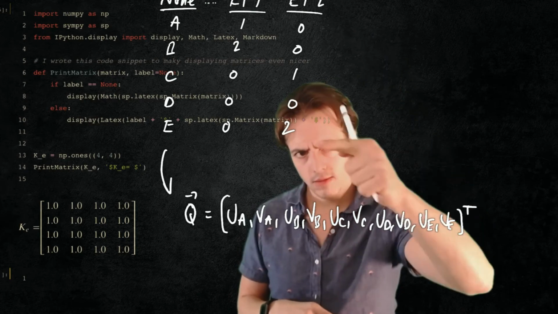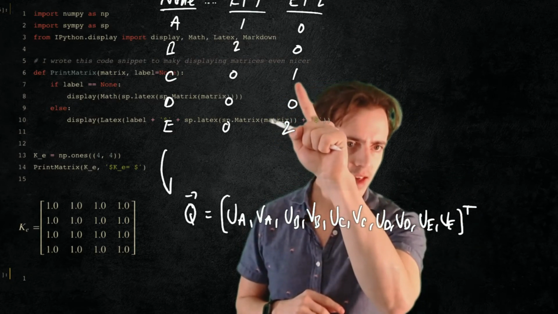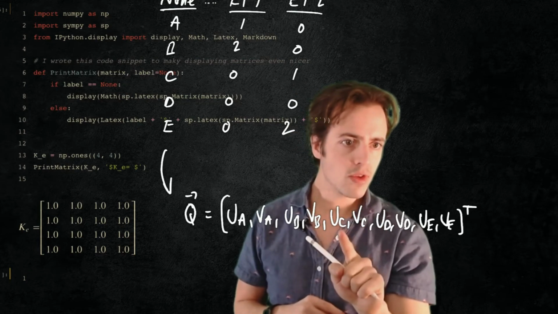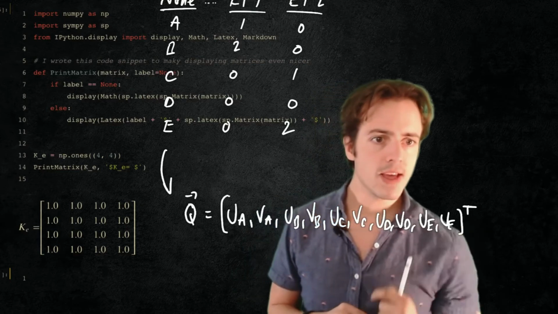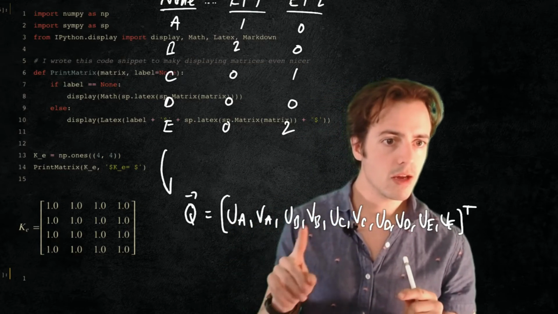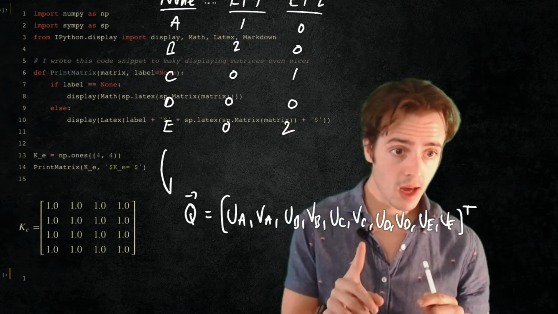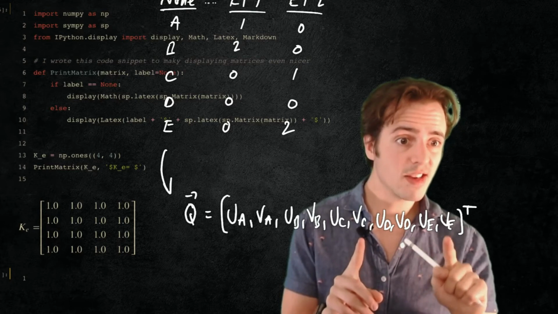This one here, well, it's going to have some things in UC and VC and some things in UE and VE. So that's going to be the first, sorry, 1, 2, 3, 4, the 5th and the 6th row, and the 7, 8, the 9th and the 10th row and column.